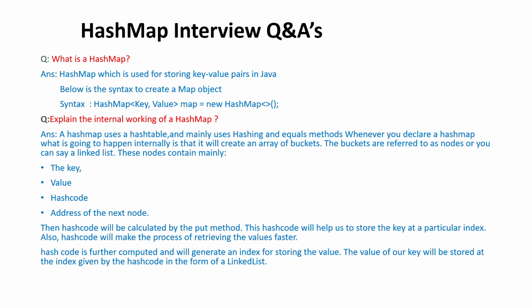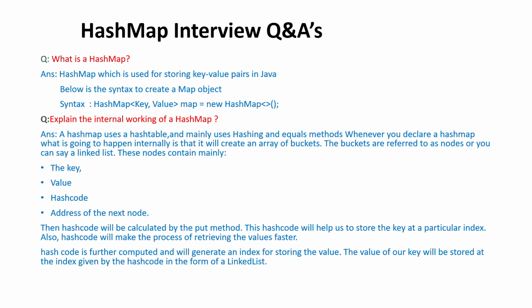What happens internally is, whenever you declare a HashMap, it is going to create an array of buckets. Each bucket is referred to as a node. The node mainly stores the key, value, hash code, and address of the next node. So these four elements are there in the node.